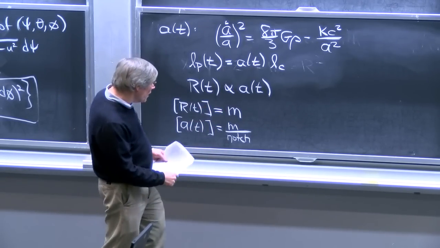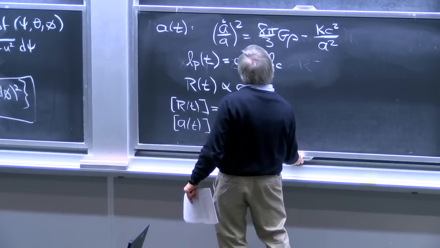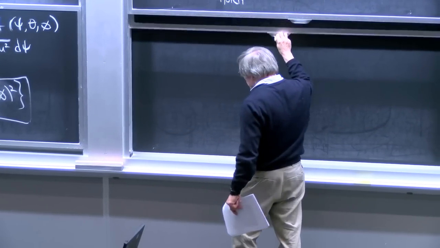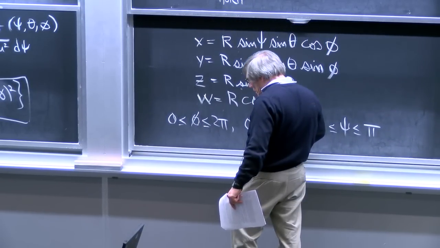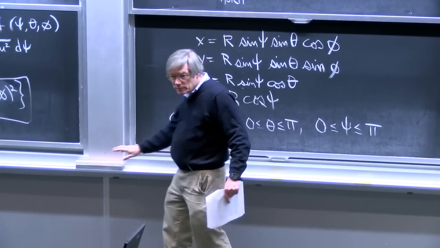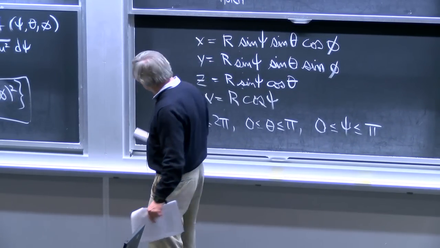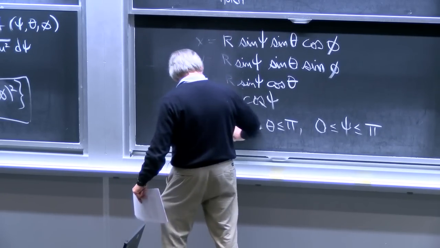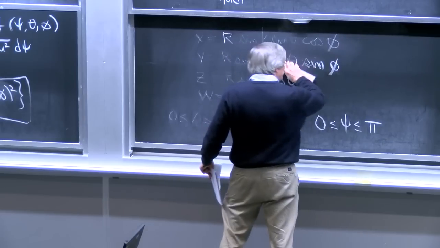Where do we get notches from? The other thing that we know is that the little k that appears in the Friedmann equation, which we know is a constant, we also know it's a constant that has units of 1 over notches squared, as we worked out some time ago.